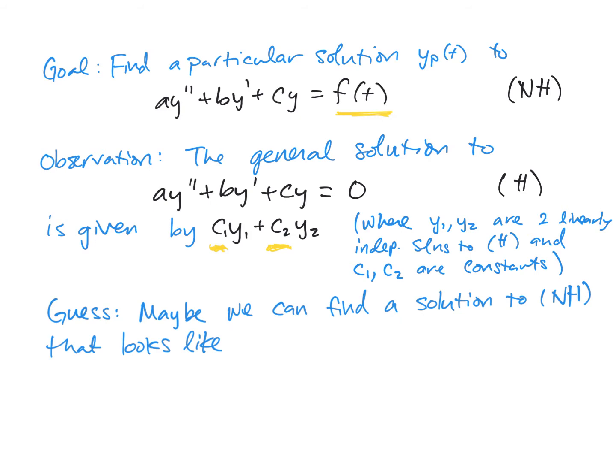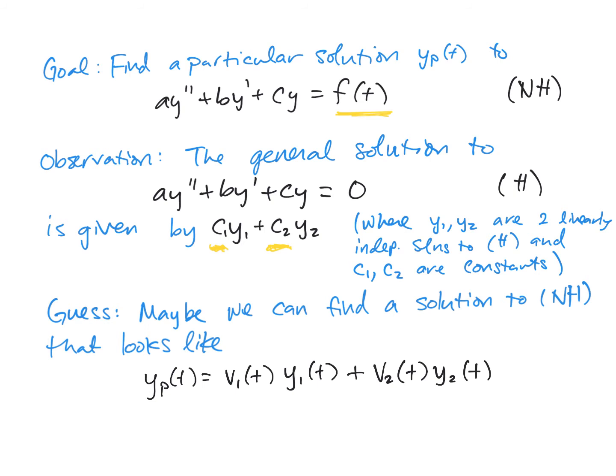So what we're guessing here, to reiterate, is that we think maybe we can find a solution to NH, the non-homogeneous equation, that looks like yp of t equals some function we'll call v1 of t. Instead of c1, we're going to use a function of t, v1, times y1 of t, plus v2 of t times y2 of t.